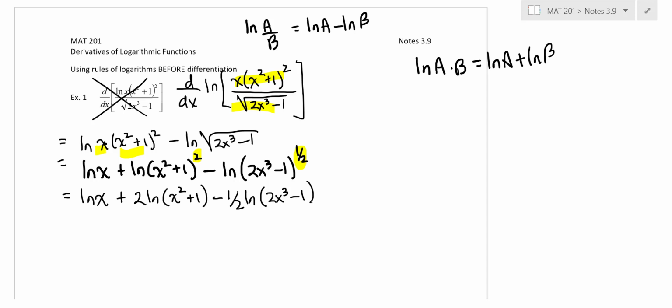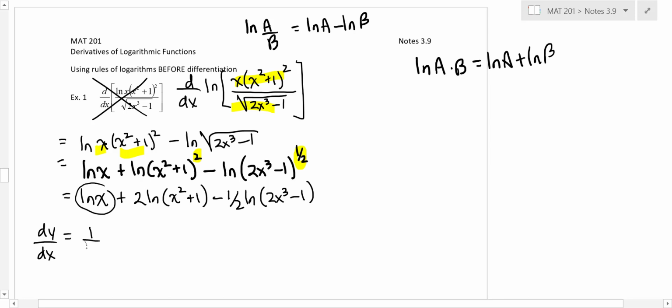So now let's do the derivative. dy over dx is going to be this. This derivative is going to be 1 over x. Okay, go to the next piece. Right here, you have a constant 2. So what we learned is the chain rule.